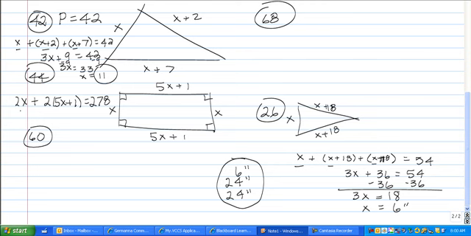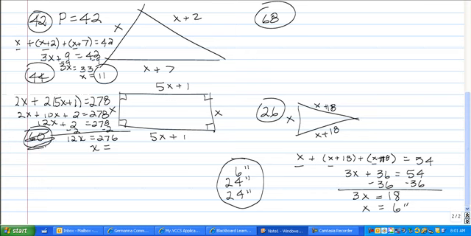So we're going to have 2x plus 10x plus 2 equals our 278. 12x plus 2 equals 278. If we subtract 2 from both sides, we get 12x equals 276. So x will be 276 divided by 12, which is 23.